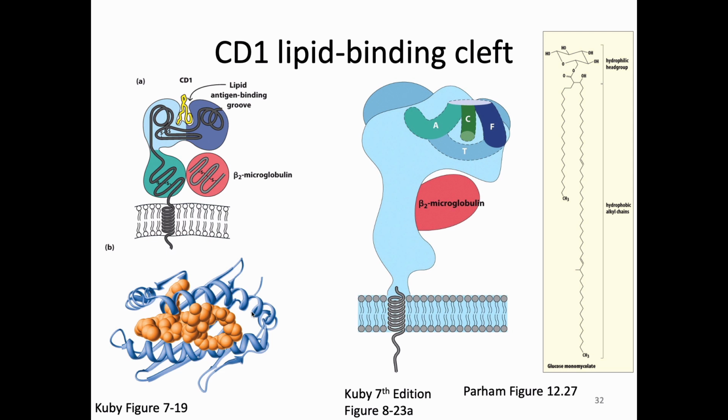Instead of having just that hot dog bun region, there basically are 4 big long channels that allow the different hydrophobic chains to be pushed down in. I was going to say burrow, but that makes it sound like they were doing it actively and trying. They're not trying. Lipids don't try. And then the hydrophobic head group sits up at the top. And so we can have lipid binding in these pockets of the CD1 binding cleft.